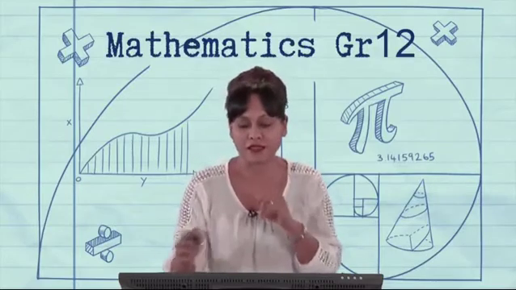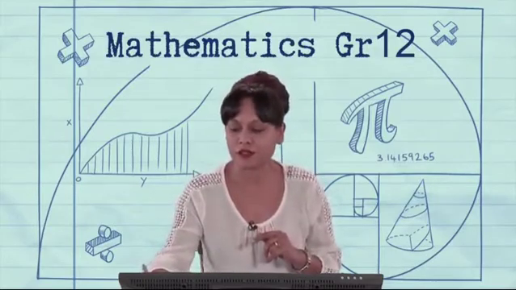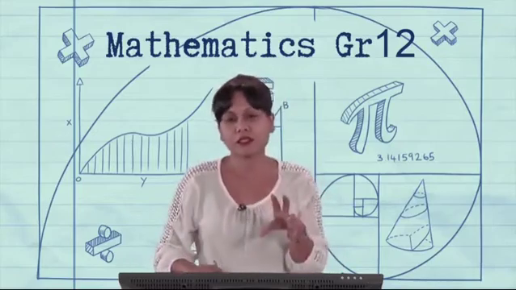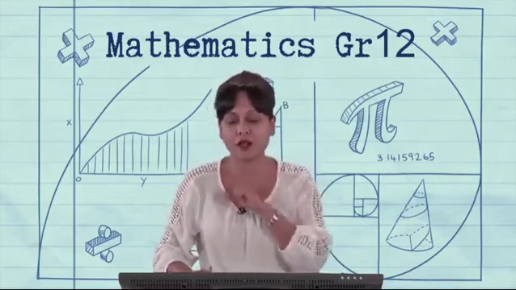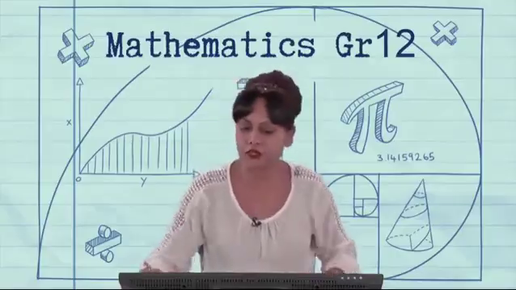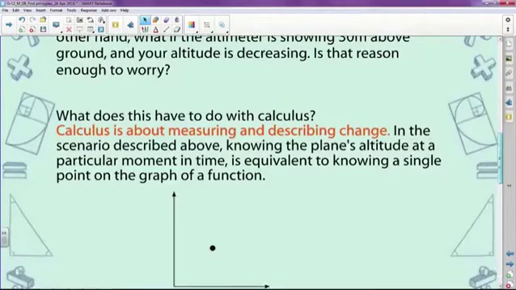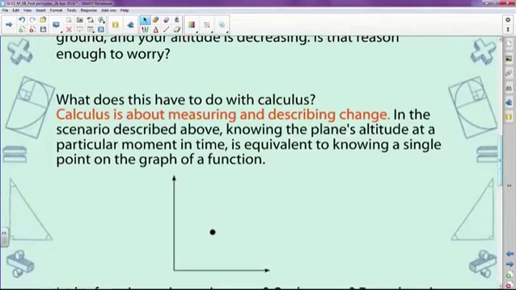This is where we can start thinking in terms of calculus, because calculus is all about measuring and describing change. Knowing the plane's altitude alone at a particular moment in time is really not enough information for you to make any decisions.